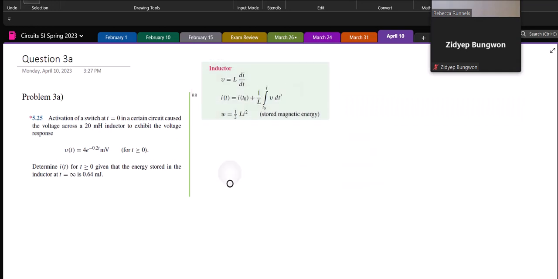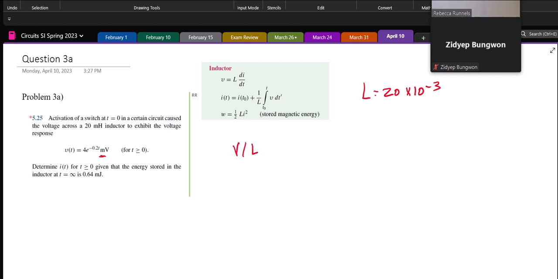Alright, so we have activation of a switch at t equals 0 in a certain circuit cause the voltage across a 20 millihenry inductor. So our inductance is 20 times 10 to the negative third. To exhibit the voltage response, we have this voltage response. Notice that the voltage here is given in millivolts.